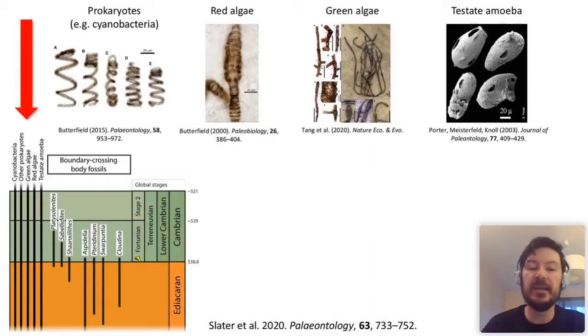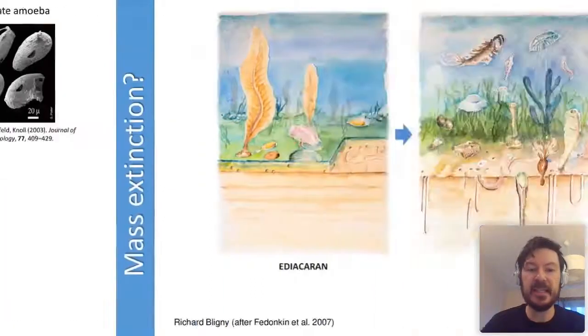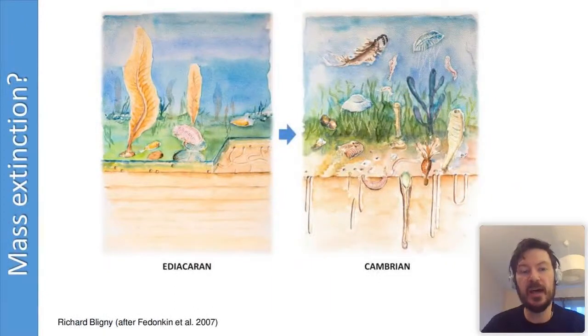But it's still fair to say that there are very few macrofossils of specific taxa that cross from the Ediacaran into the Cambrian. And this apparent disconnect has led to suggestions that the Phanerozoic itself may have in fact begun with a mass extinction of sorts, perhaps eliminating the familiar Ediacaran biota, followed by a wholesale replacement by the classical Cambrian fauna.